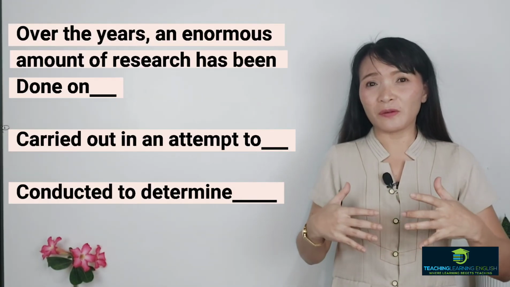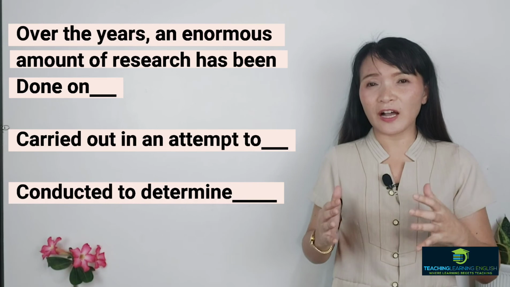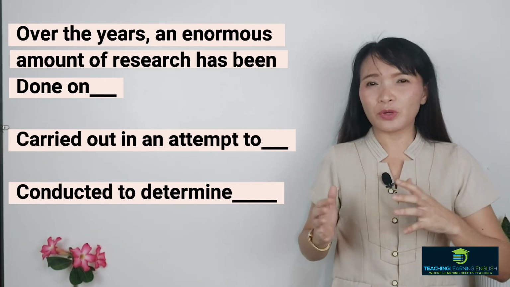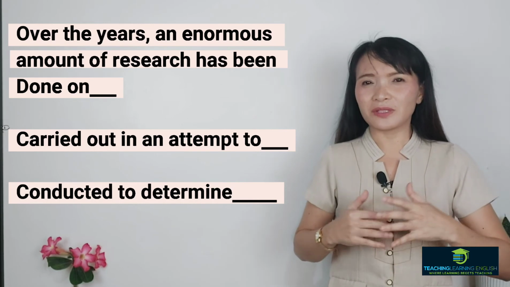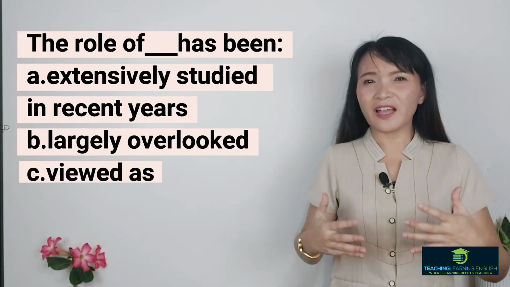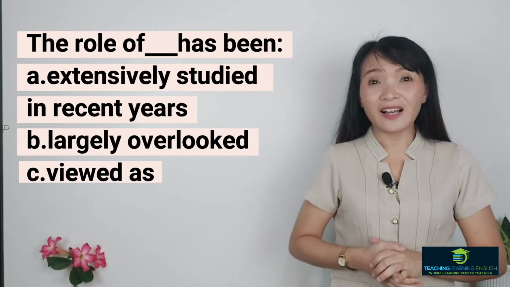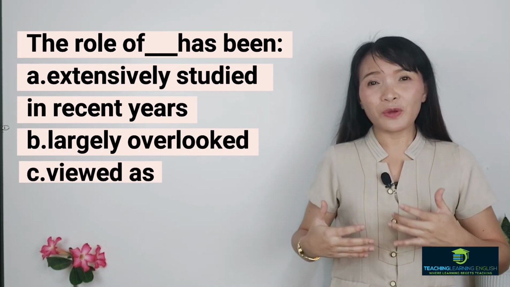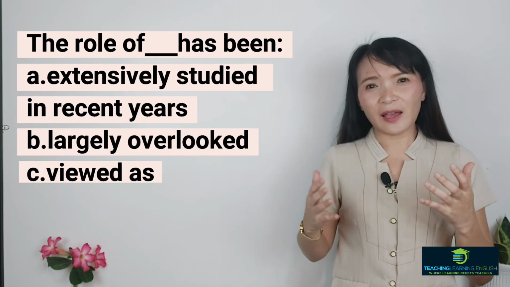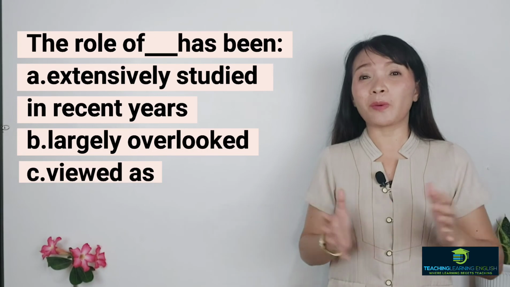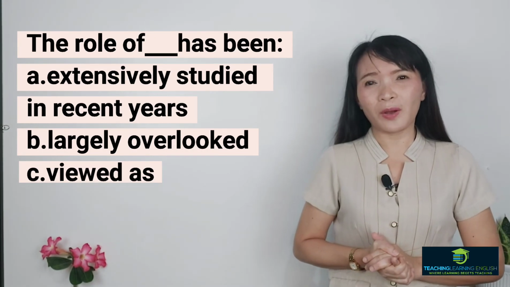"Over the years, an enormous amount of research has been done on blank," or "carried out in an attempt to blank," "conducted to determine." "The role of blank has been extensively studied in recent years," or "largely overviewed," "viewed as." You can add a subject to the blanks. What subject? Whatever you talk about that particular sentence or paragraph.